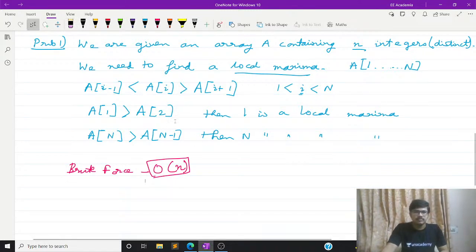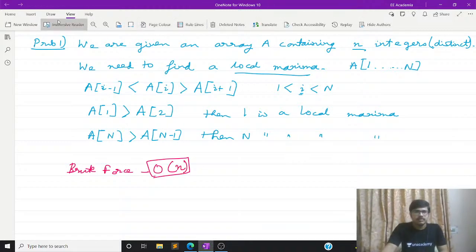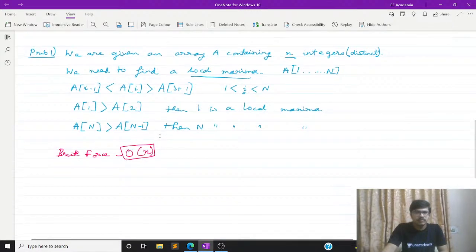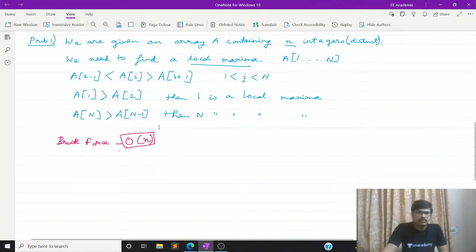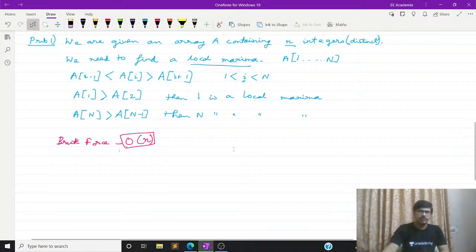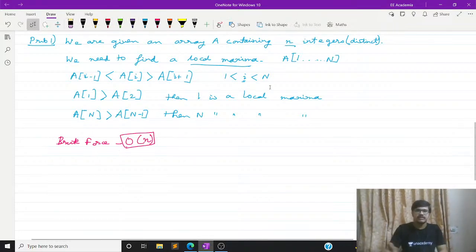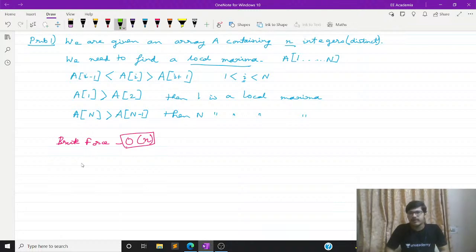So if I just minimize this a bit, if we have something like this array, to find the local maxima, how do you think we can use divide and conquer to solve this?